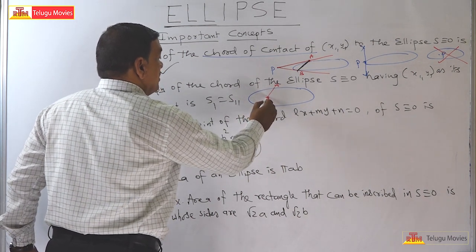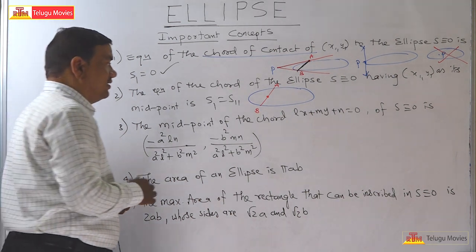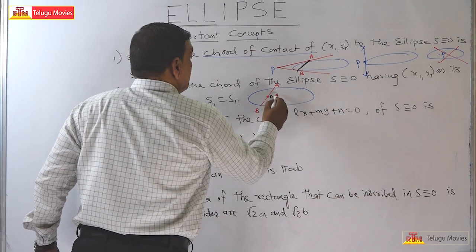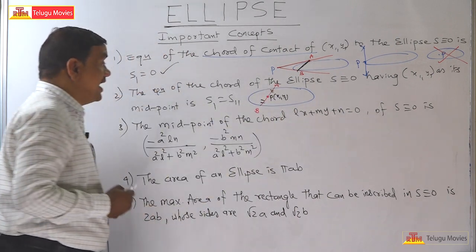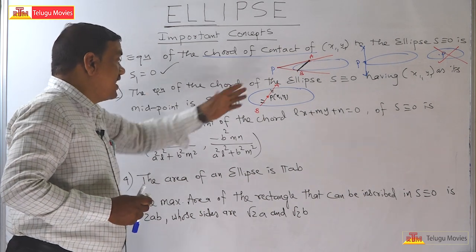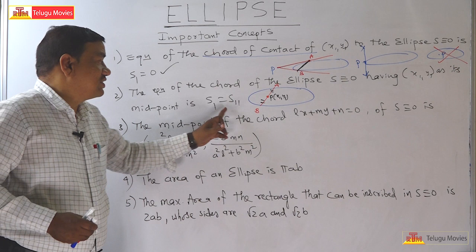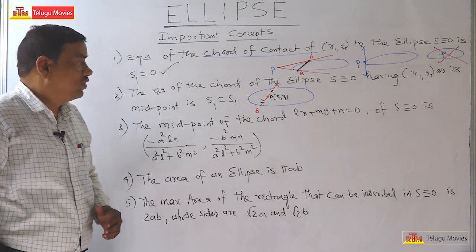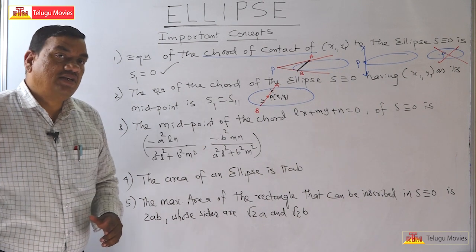Let P(x1, y1) be the midpoint of that chord AB. Only the midpoint is given. Then the equation of that chord is S1 is equal to S11. Okay, now you know the notations S1 and S11.